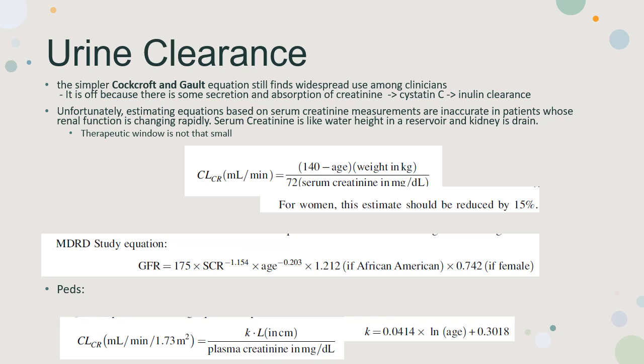But age and weight aren't the only things that affect muscle mass. So is this person a bodybuilder, right? Does this person just barely work out? Because if they worked out the day before, now they have more creatinine. So are they in kidney failure, or were they just working out, right?